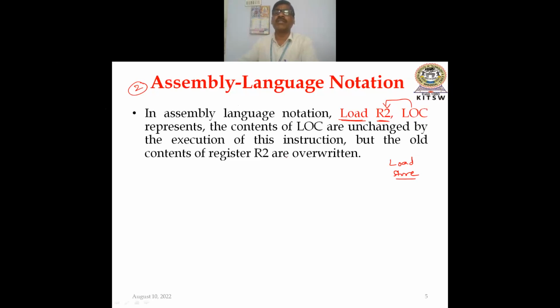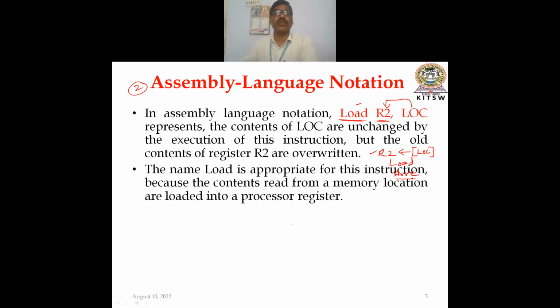So this is an assembly language notation. The same thing you can write in register transfer notation simply as R2 gets the contents of LOC, enclosed in square brackets. Both are equivalent: this is register transfer notation and this is assembly language notation. Please try to understand these two important notations.